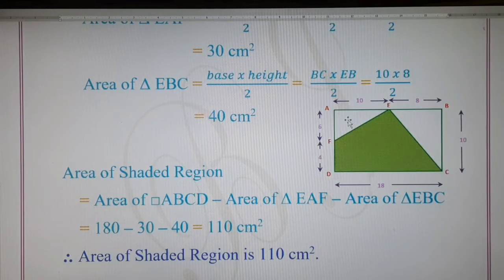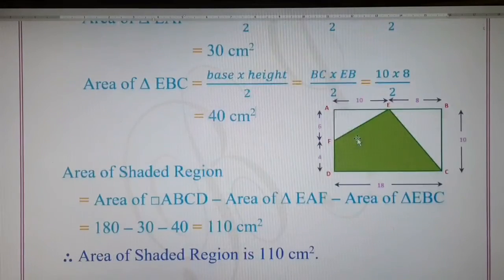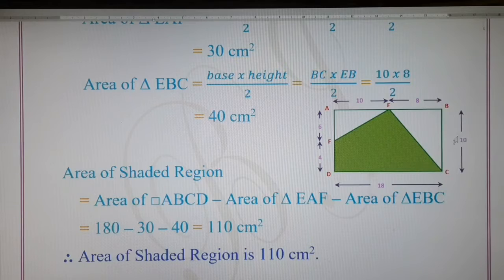So the first triangle is 30 centimeter square and the second triangle is 40 centimeter square. And the area of the whole rectangle we already know, that is 180 centimeter square. So from 180 centimeter square, which is the area of the whole rectangle, if we subtract triangle EAF and we subtract triangle EBC, these two triangles from the whole rectangle, we'll get the shaded region, that is the shape known as CDFE.